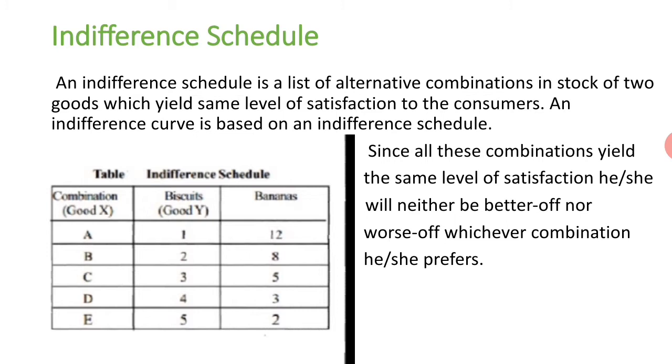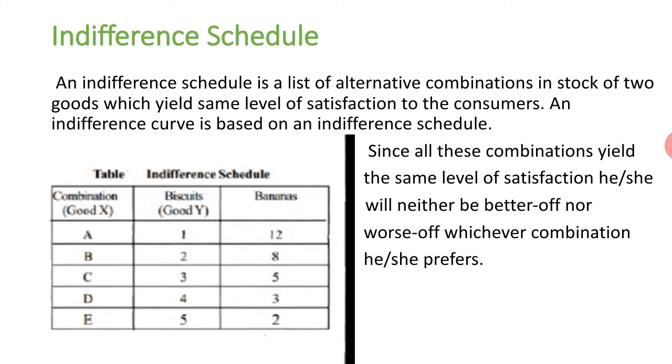In C, 3 units of biscuits and 5 units of bananas. Likewise in D, 4 units of biscuits and 3 units of bananas. And finally in combination E, 5 units of biscuits and 2 units of bananas are consumed.